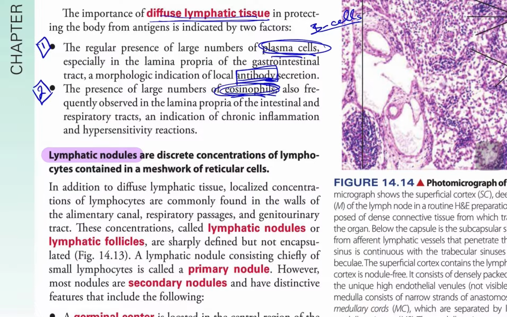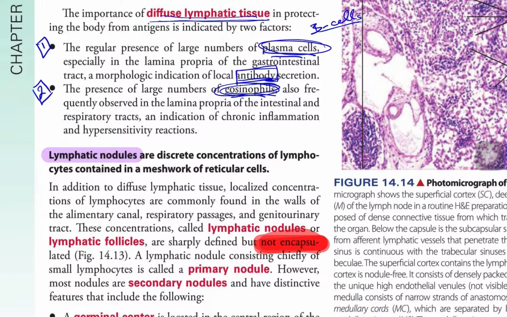Right now we're talking about something new, which is lymphatic nodules. In addition to diffuse lymphatic tissue, localized concentrations of lymphocytes are commonly found in the wall of the alimentary canal, respiratory passages, and genitourinary tracts. These concentrations, called lymphatic nodules or lymphatic follicles, are sharply defined but not encapsulated.